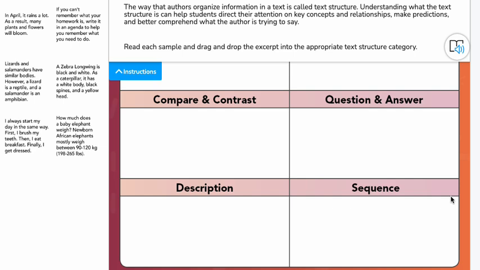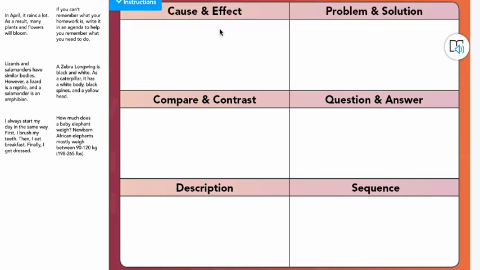Understanding what the text structure is can help students direct their attention on key concepts and relationships, make predictions, and better comprehend what the author is trying to say. It says read each sample and drag and drop the excerpt into the appropriate text structure category. So we have cause and effect, problem and solution, compare and contrast, description, sequence, and then question and answer. I've never heard a question and answer, so we'll just kind of use our best judgment over here.